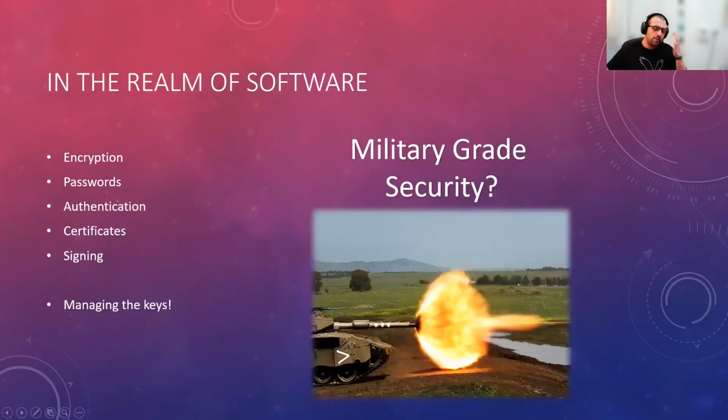Now, typically, when we talk about software, there's 5 or 6 different elements that we have to deal with. And you can see that list here. And the theme that gets thrown around all the time is the notion of military-grade security. Well, we start with saying that military grade means the lowest bidder. The item that is just about sufficient to our requirements, and that was the cheapest possible.